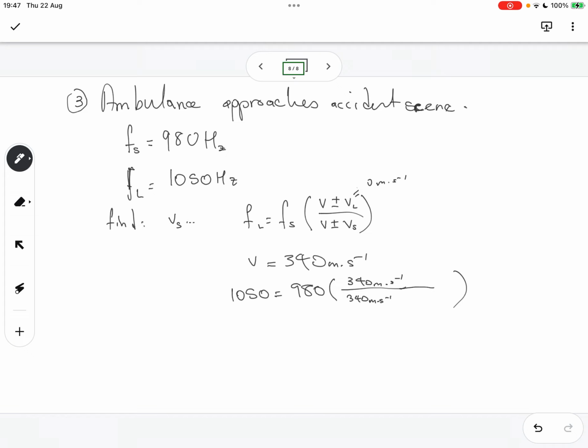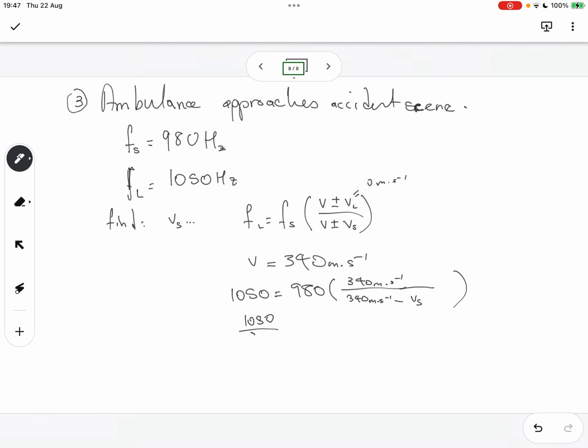With the source, we use minus. Why? Because it's approaching the listener. The source is moving toward the listener, so it will be minus. Okay, let's use minus. We don't know Vs, but that's what we're calculating.